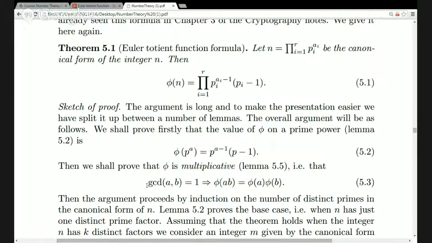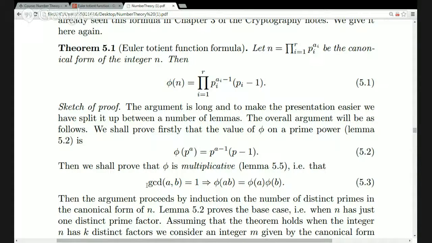But that's exactly the structure that the formula has. It just says take each individual prime power, take each individual p to the a part, write down the new factor you have, p to the a minus 1 times p minus 1, and then just multiply them all together.